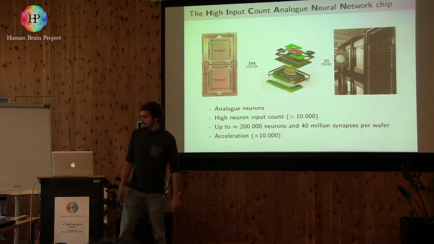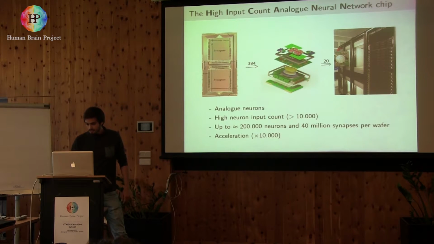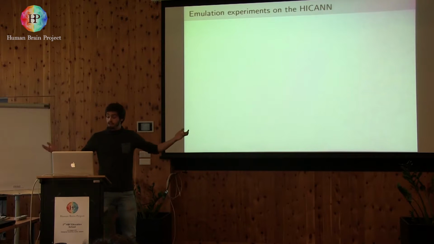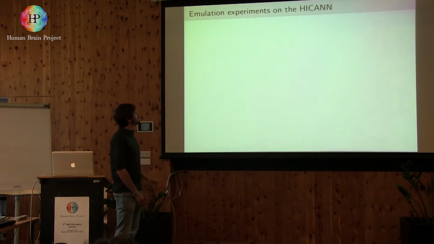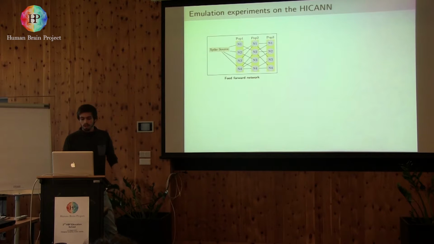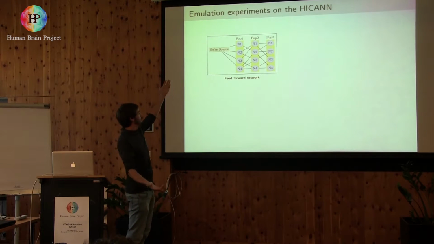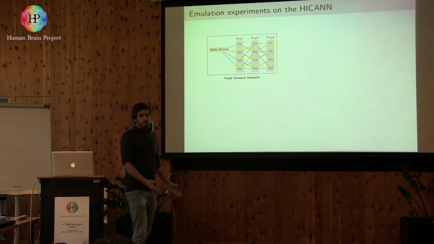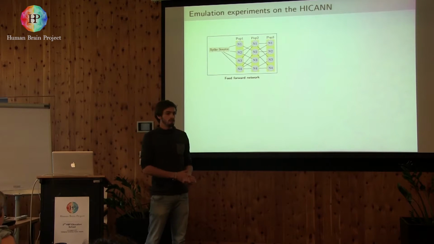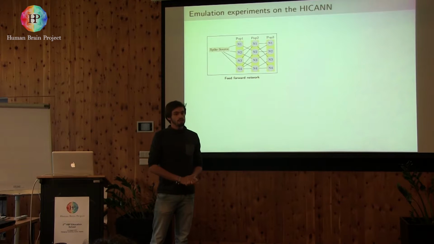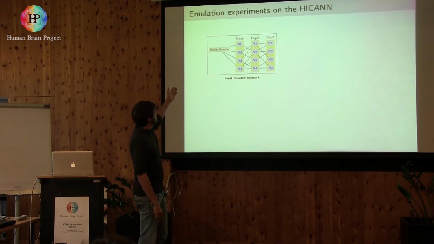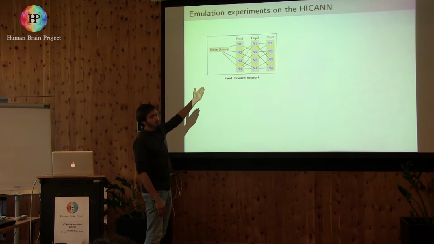So now just an idea of what kind of networks we emulated so far in the HICANN system. These are rather simple networks because it's still in development. For example, the feed-forward network, a very basic one. The neurons of one population are just exciting the neurons of the next population, and therefore a signal from a spike source is just propagated through the populations.